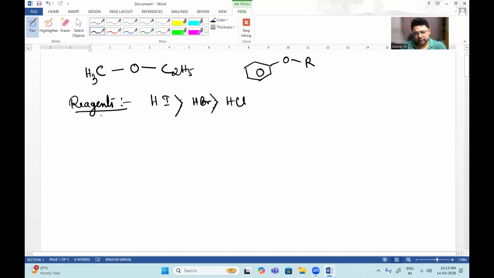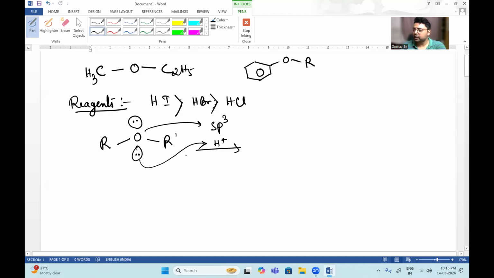Now, I have two groups, one R group, oxygen, and one R dash. Here, oxygen has the lone pair, and this oxygen hybridization is sp3. Whenever you are using H plus of any of these acids, this lone pair will make a coordinate bond to this H plus, like H3O plus formation.